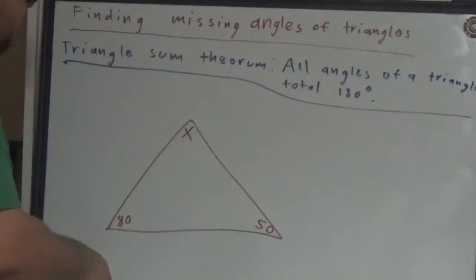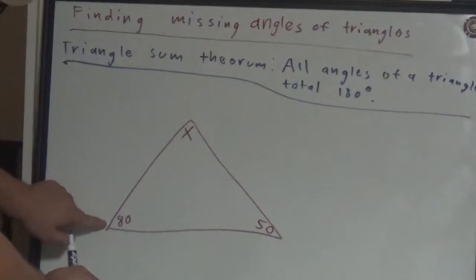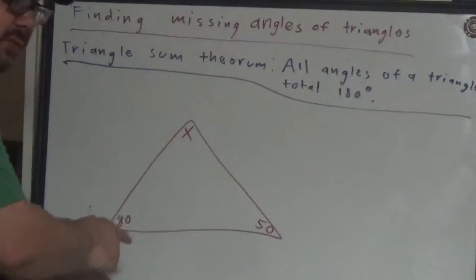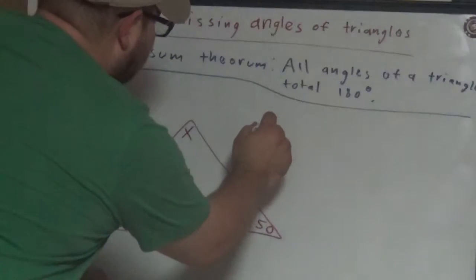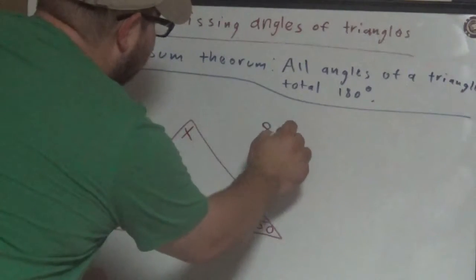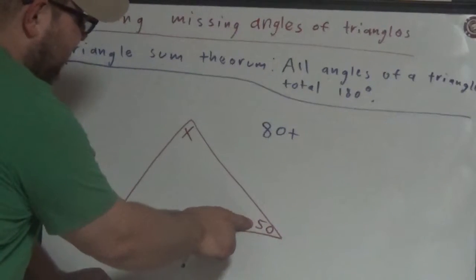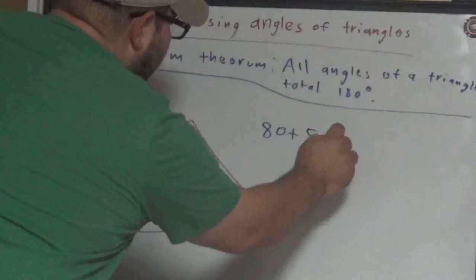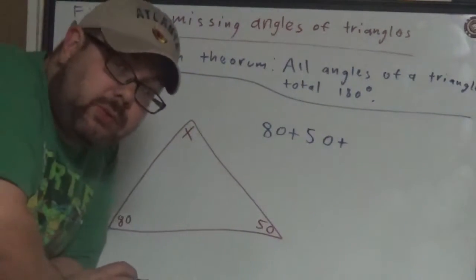So in this example, we have one angle that has 80 degrees. Now I'm going to write out the measurement of each of the three angles. Angle 1 is 80 degrees. The second angle is 50 degrees. And the third angle, that's one we don't know.